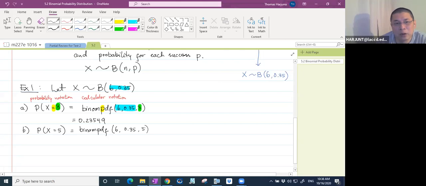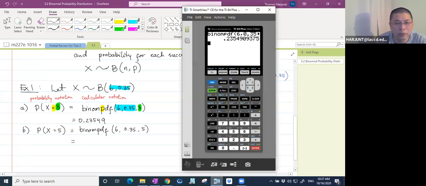So for example, if I put the story into this example 1, let x be the number of tails observed when you toss a coin 6 times, probability of tail is 0.35. Then what is the probability when you toss this coin 6 times, 5 of them tail? That's the probability notation.